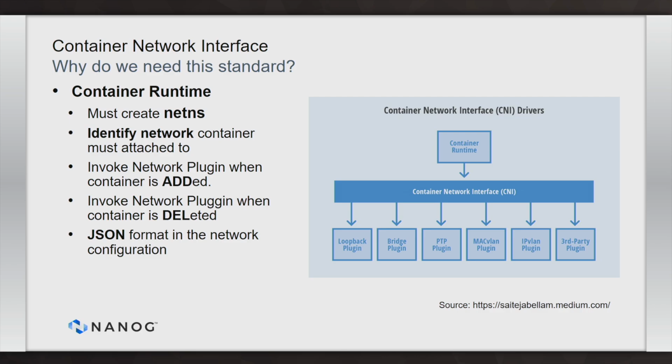When you are deleting a pod, it's invoking, again, the same plugin with del, delete. Okay? And the other standard is that all the definitions of the CNI plugins are going to be using JSON with a specific format. Thanks to that, you can create many other CNI plugins. So Calico, Cilium, all those guys, everybody's using the same standard in order to make it work with any of the container orchestration platforms.